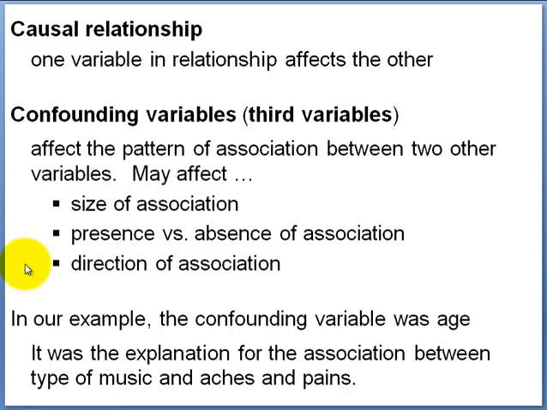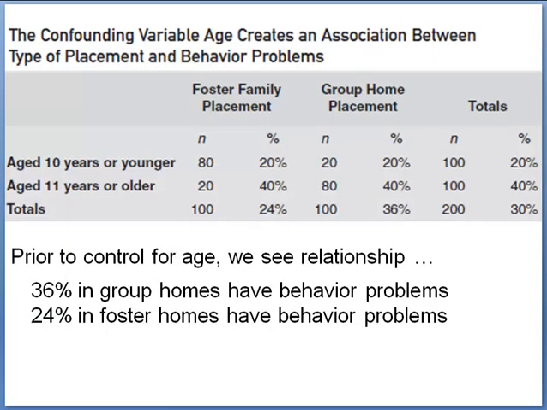By direction of association, I mean is the relationship a positive or a negative one. And again, in our example, the confounding variable age was the explanation for the association between type of music and amount of aches and pains.